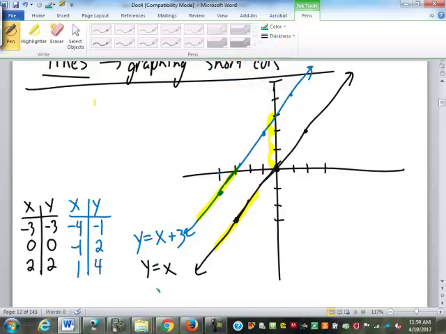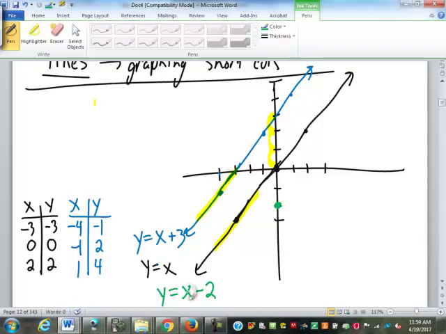So with that in mind, let's think about y equals x minus 2. Without even doing the table, what do you think is going to happen to that line from the original? Perfect. It's going to move down 2 spots. And I could verify it. If x is 0, 0 minus 2 is negative 2.